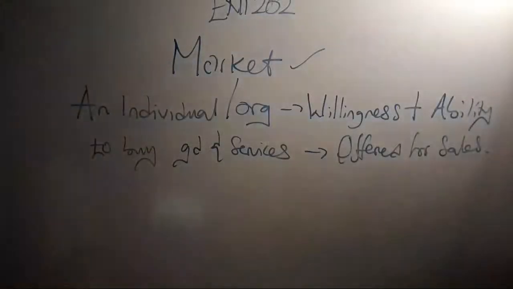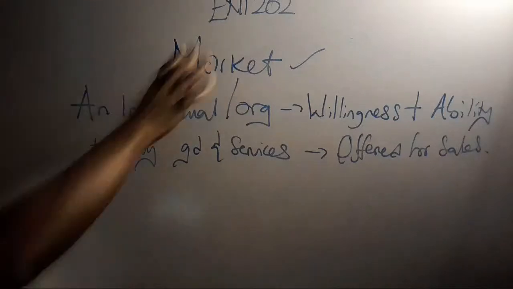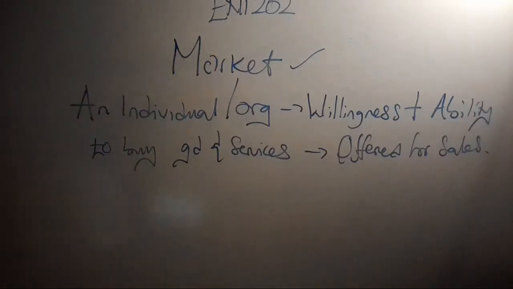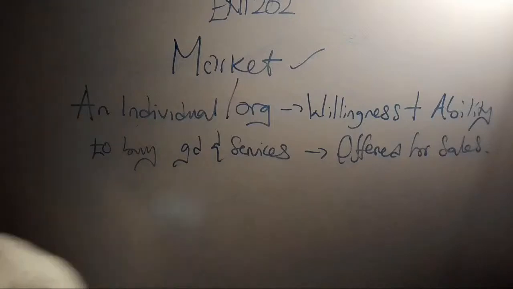Now, if an individual or organization has the willingness to buy a product and the means to buy is not there, such is not a market. Like I said, if there's a willingness and there's no ability, then market has not taken place. The market is not just a location or a place.